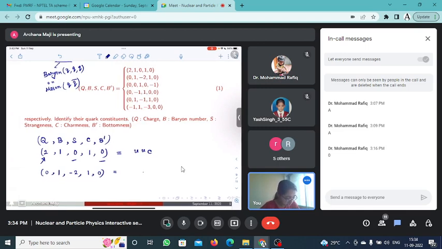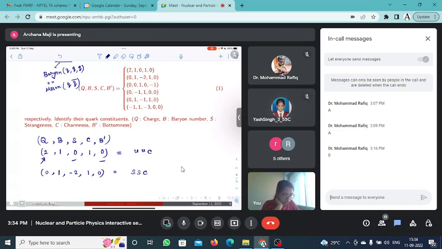Just as the previous case. Now strangeness is -2. What does that mean? How many S quarks will there be? Two strange and one charm.